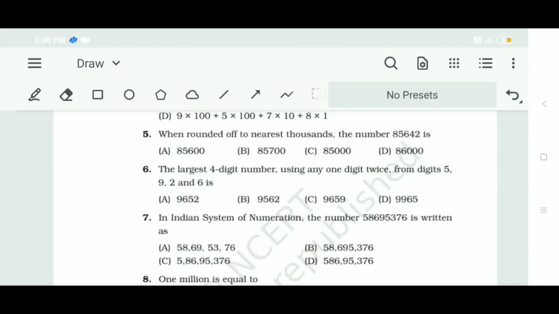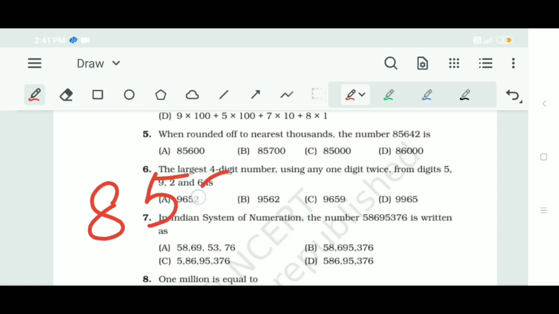In question number 5 it is written, when rounded off to the nearest thousands, the number 85,642 is. We have to round it off to its nearest thousands. For checking the thousands, we need to see the last 3 digits.